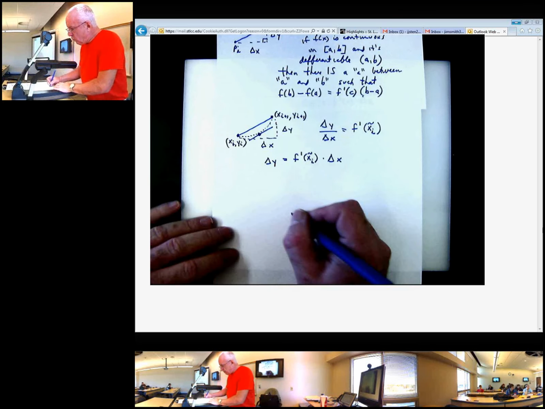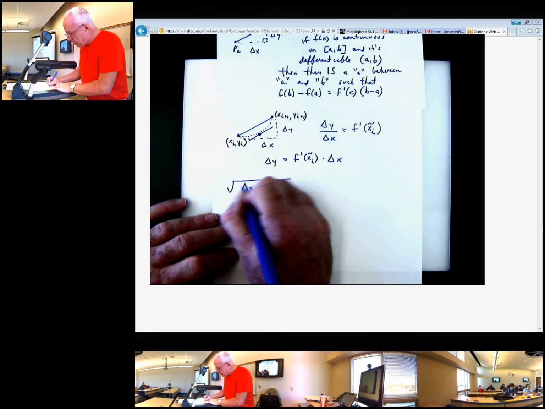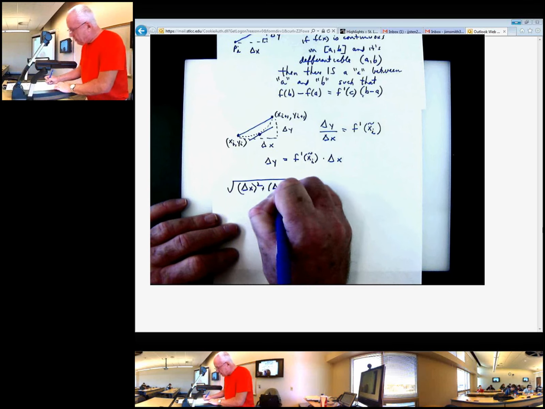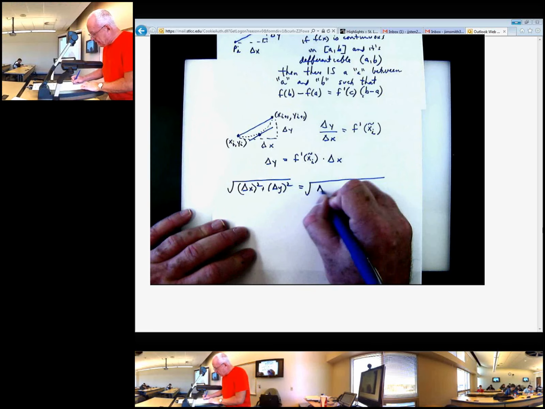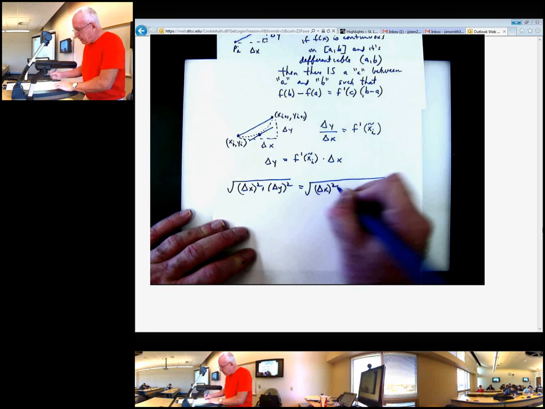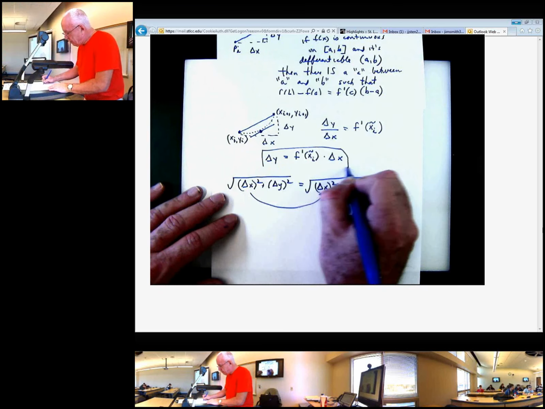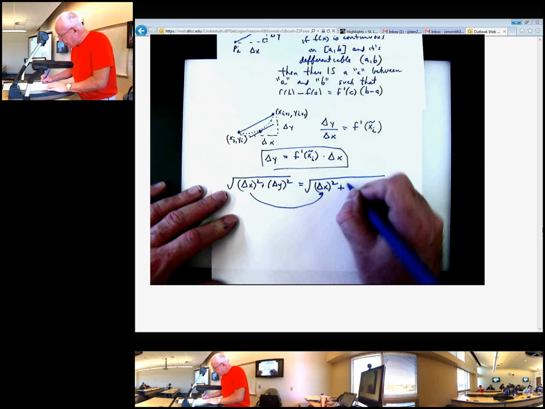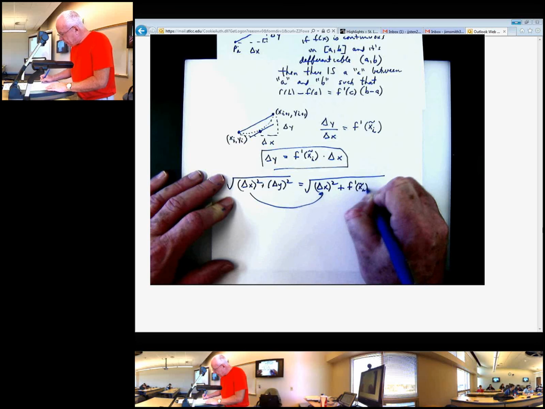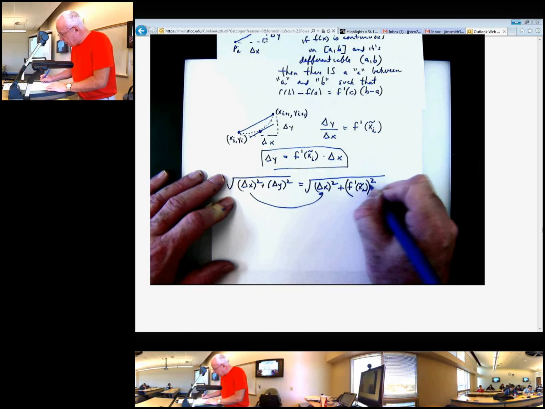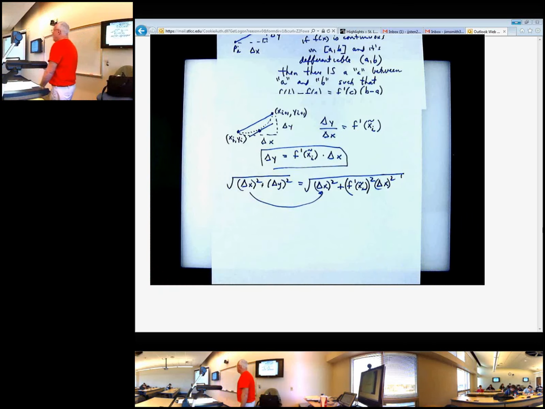So therefore, we can say that delta x squared plus delta y squared can now be rewritten as, well, I'll put delta x squared in still, but in place of delta y, I'm going to use this new formula right up here, plus, I'm going to square this, so it's going to be the derivative at some middle point there, squared, and then my delta x also has to be squared, because I have to square that whole delta y. So I get something like this.